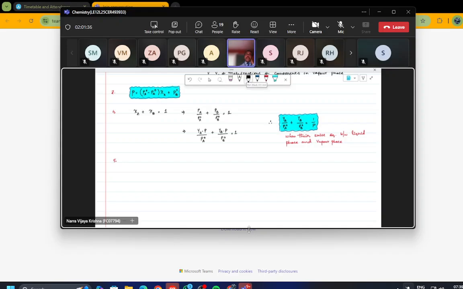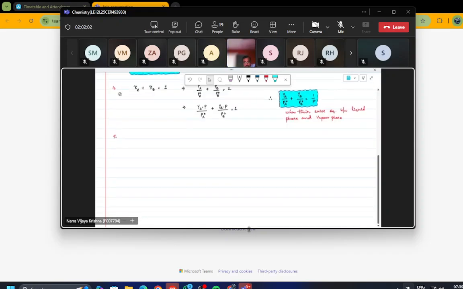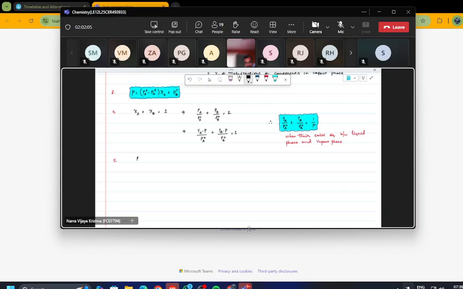In this equation, instead of P, can I write PA upon YA? Can I write it? Nothing wrong. Instead of P, I am writing PA upon YA. So what will be the equation now? PA upon YA equal to PA naught minus PB naught into XA plus PB naught.